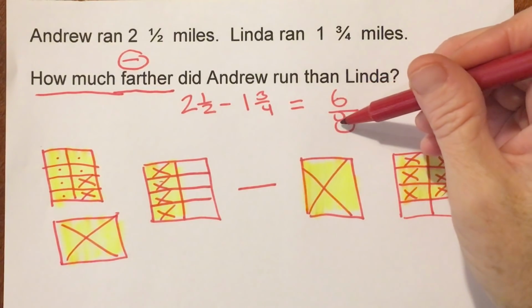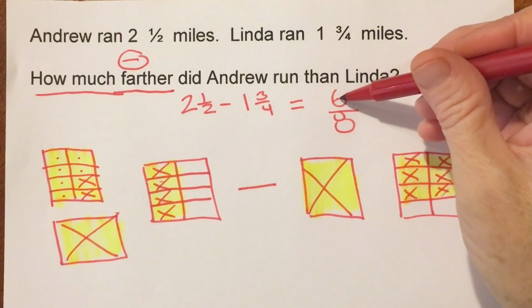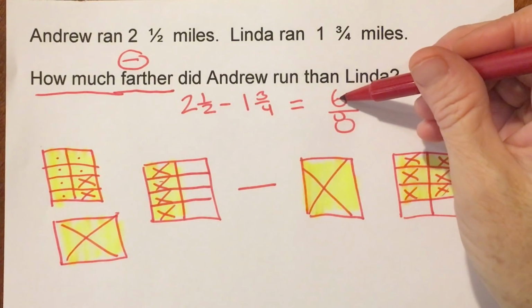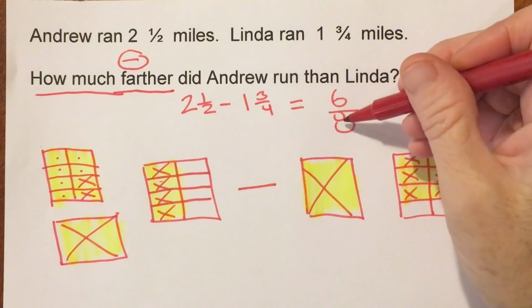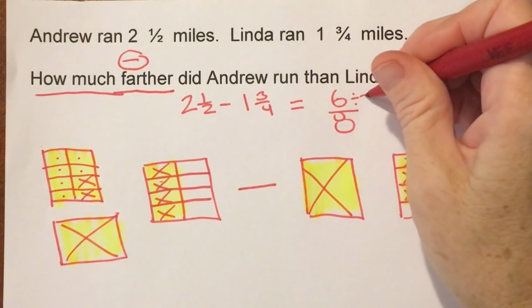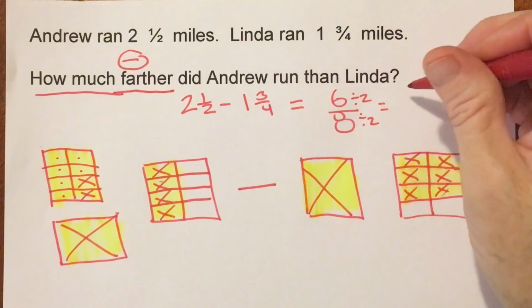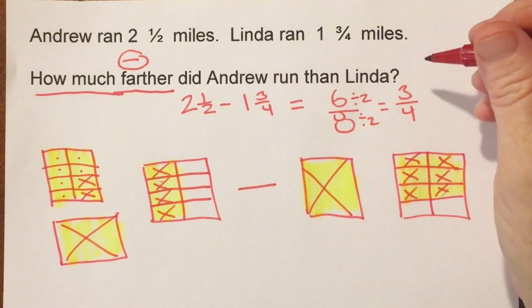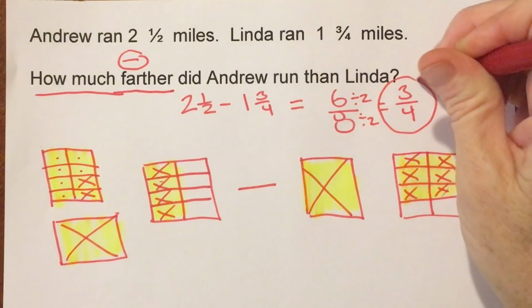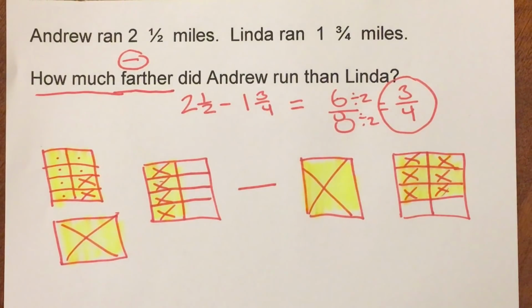Well, 6 fits into here, but not here perfectly. Is 5 the GCF? Nope. 4? No. 3 fits into 6, but not into 8. 2, yep, fits into 6 and 8. So I know my GCF is 2. So 6/8 is equal to 3/4. And that is my answer.